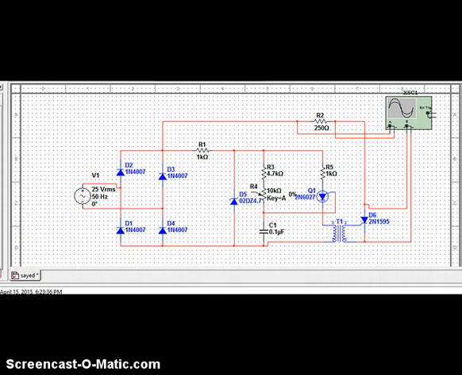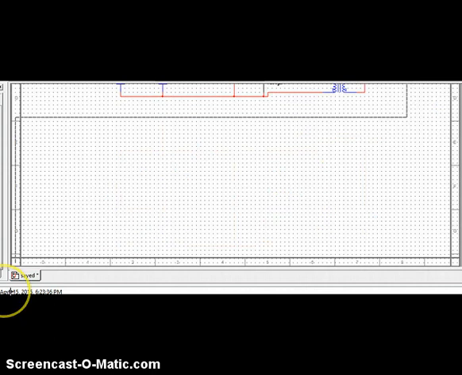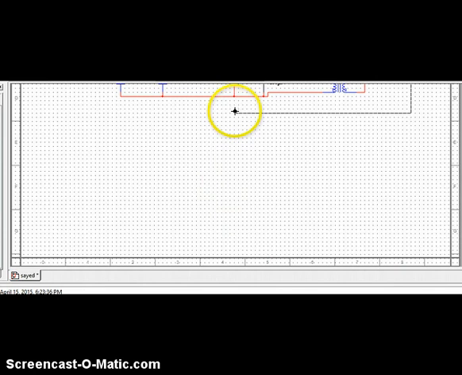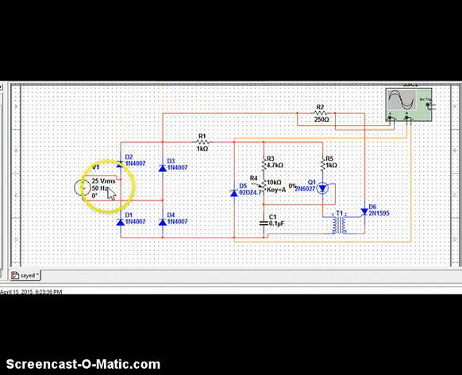Let us connect channel B across the Zener diode in order to get a clipped voltage at the level of 18 volts. Now we can see the clipped voltage at the level of 18 volts.